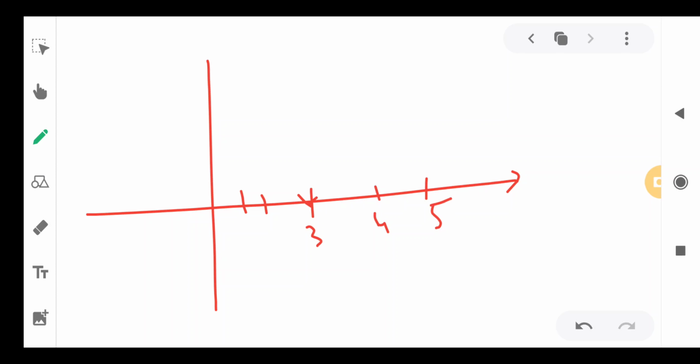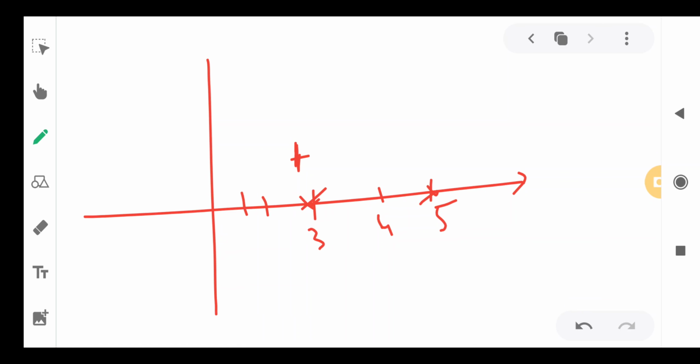Now what is the distance between A and B on the x-axis, from A to B? What is the coordinate of A? 3, 0. Why 3, 0? Because on A, the x coordinate is 3 and the y coordinate will be 0. On the x-axis, the y coordinate will be 0. Here, B will be 5, 0.